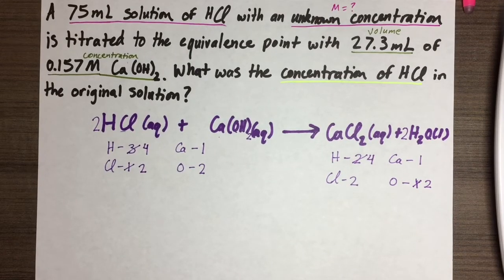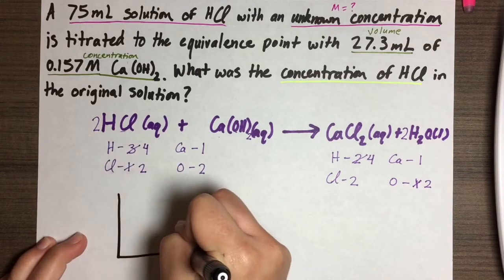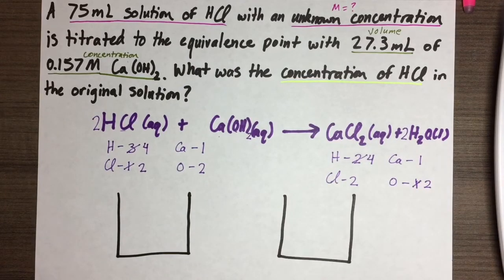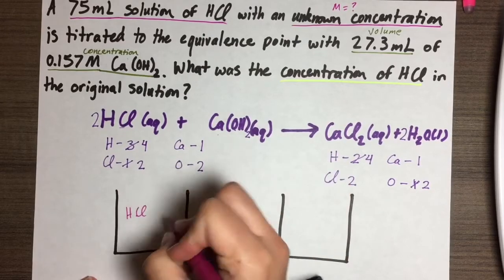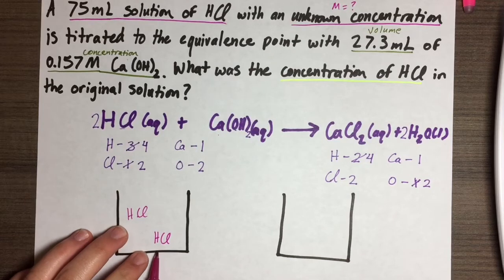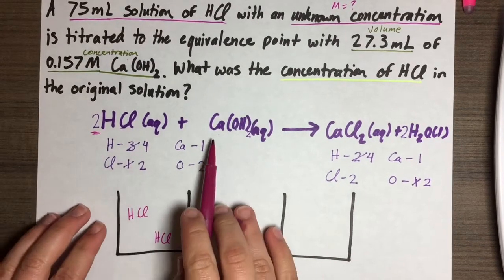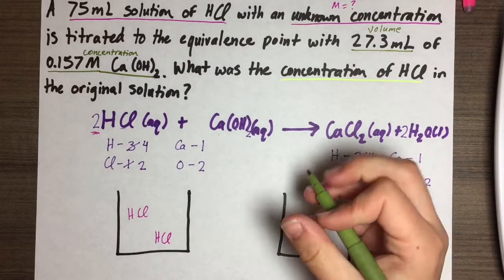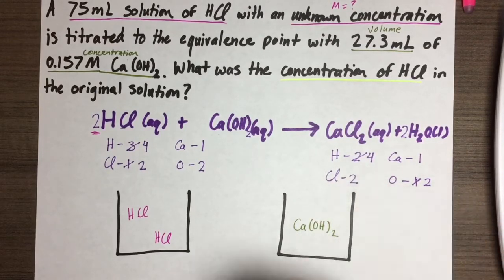Next, I'm going to draw a picture of the solutions that we have. So here we have our HCl, and I'm going to draw 2 HCl's here because we're giving 2 moles per every 1 calcium hydroxide in this reaction.